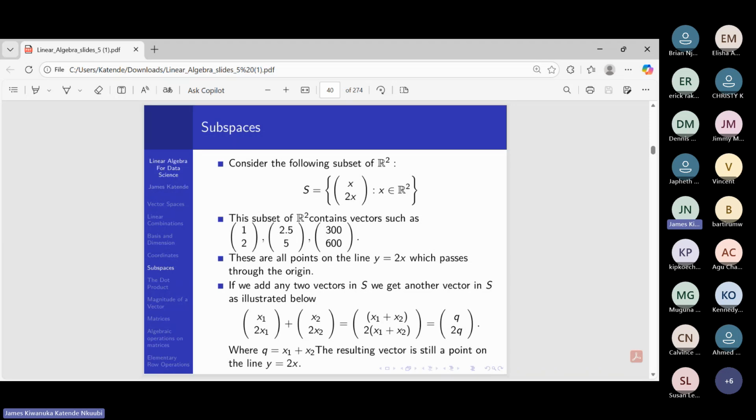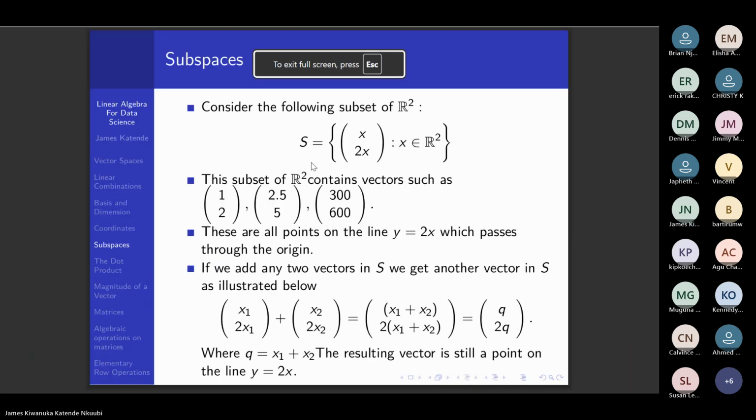So I hope you can see the correct slide on your screen. This one says, consider the following subset of R2. We have points in R2 which consist of this kind of vector, where the second slot is twice the first slot.